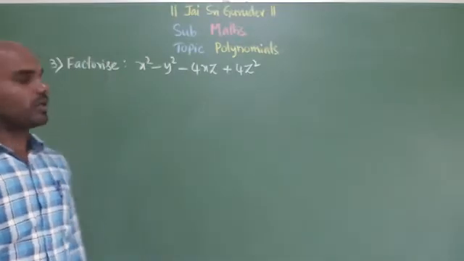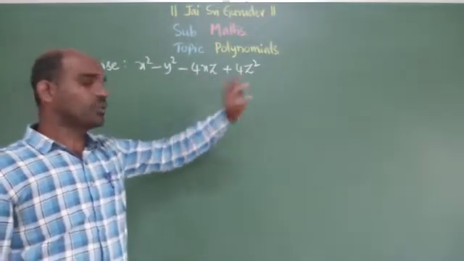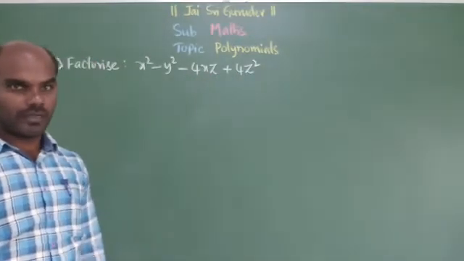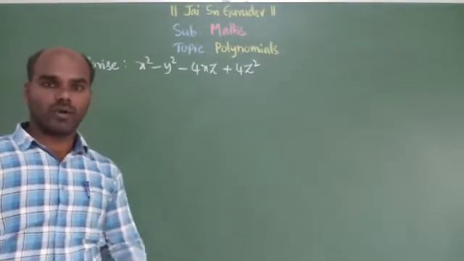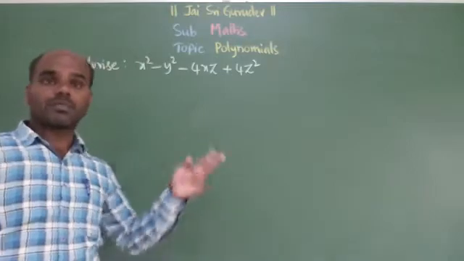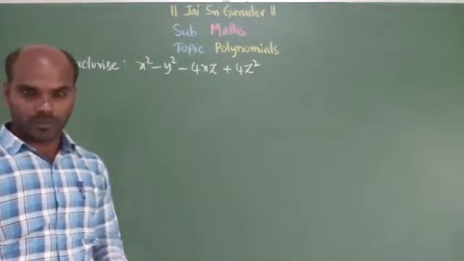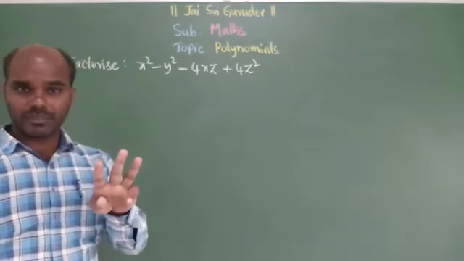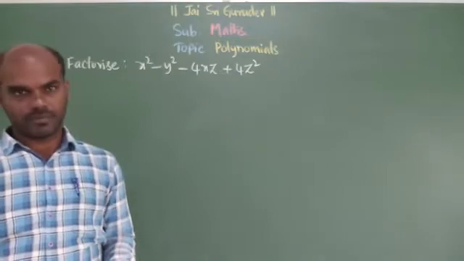So then what you want to do is take x square and 4xz and 4z square. Okay, x square minus 4xz and 4z square. While thinking about these three terms, we should get one of the a forms. What is it, children? Three terms means either a plus b whole square or a minus b whole square. Yes or no children?